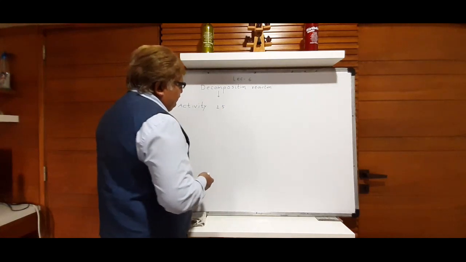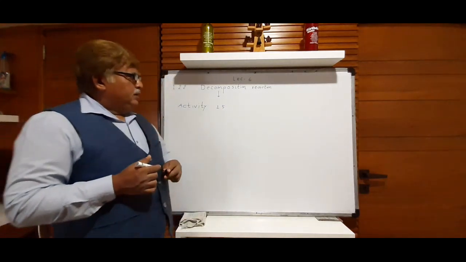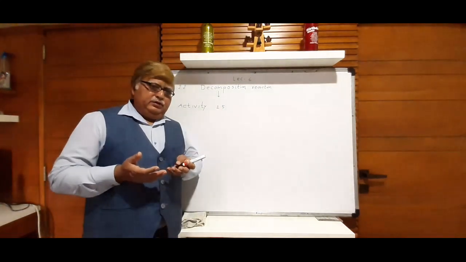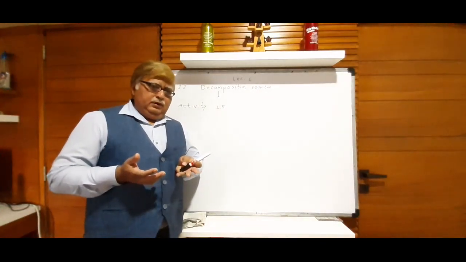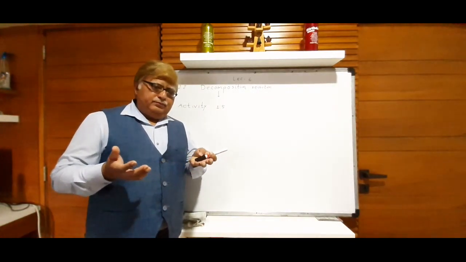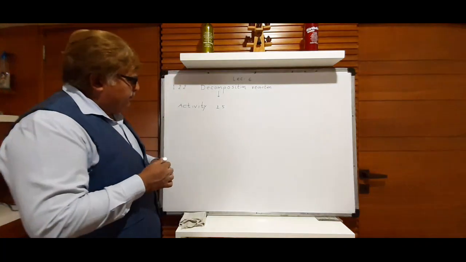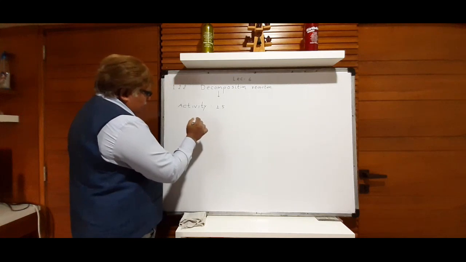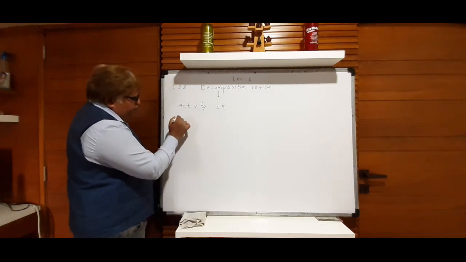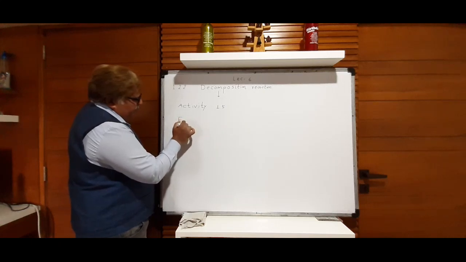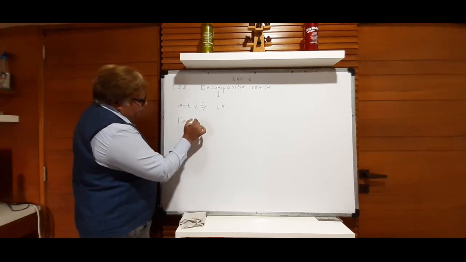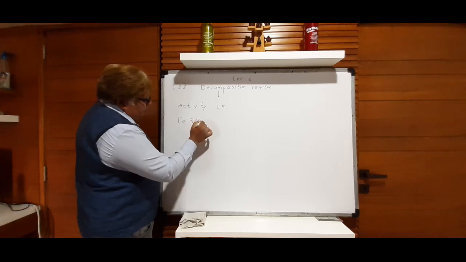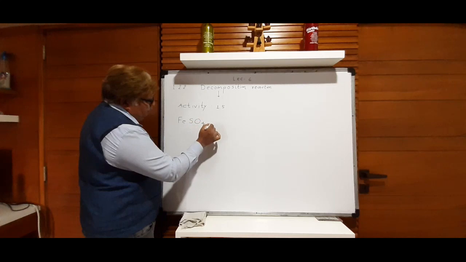What have they done? They have taken some vessel. Any vessel you take, in that you first take ferrous sulfate, which can be called iron sulfate also. You have to take ferrous sulfate in solid form.